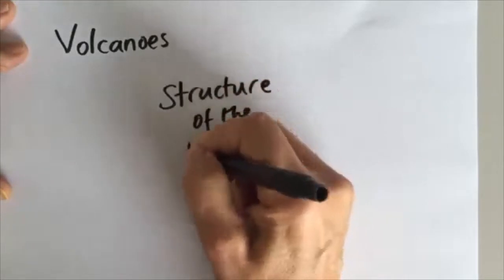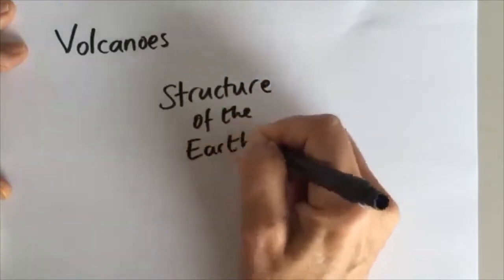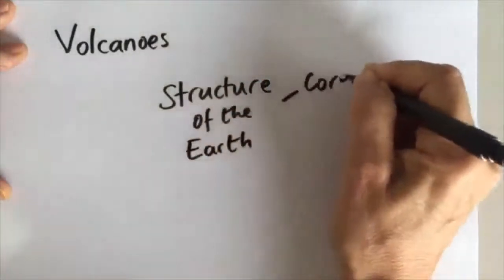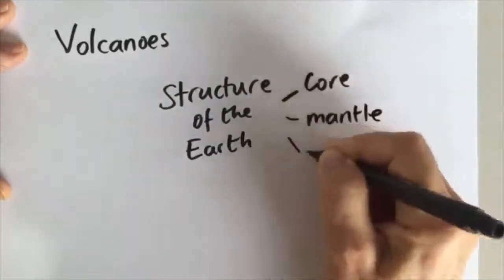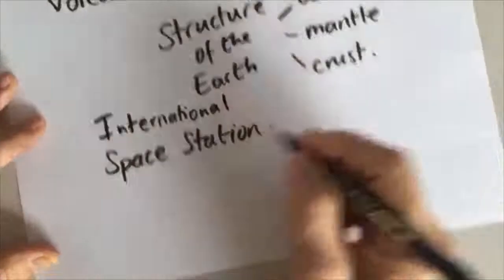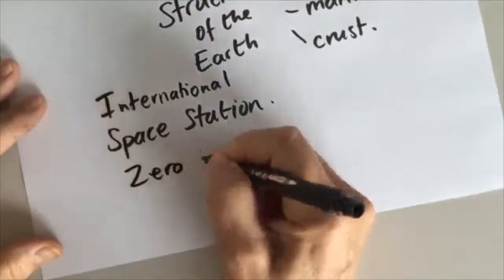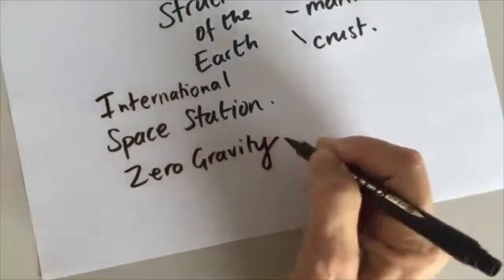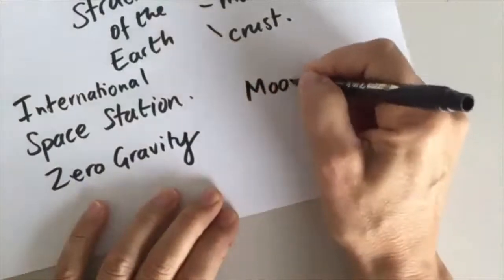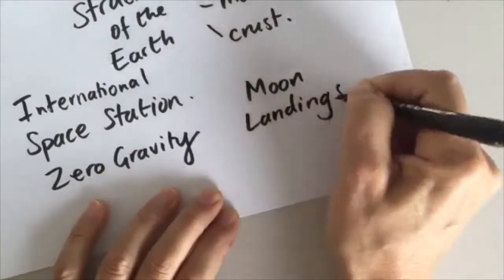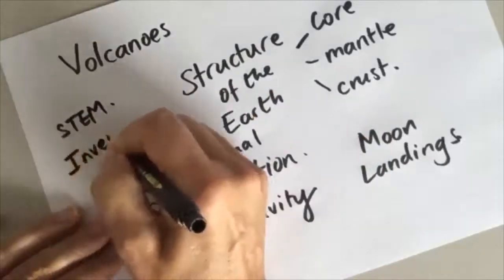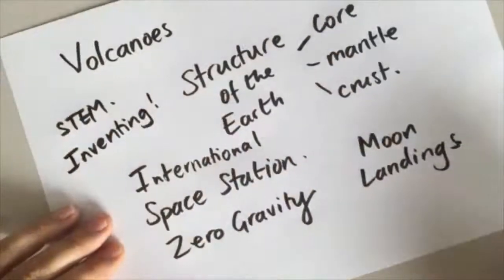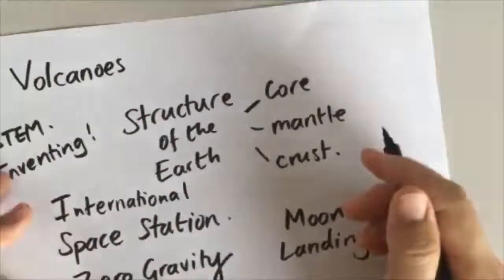So topics to do with volcanoes, structure of the Earth, Earth, Sun and Moon, even things like the tectonic plates, and stuff like that. We've also been looking at zero gravity on the International Space Station. Anything you can remember, the moon landings, the effect of gravity on the moon, and working in teams and problem solving.